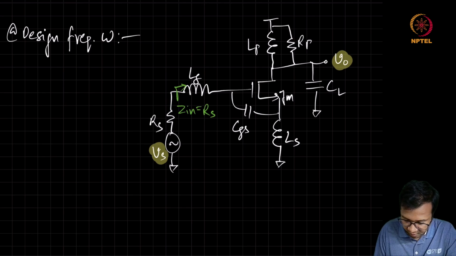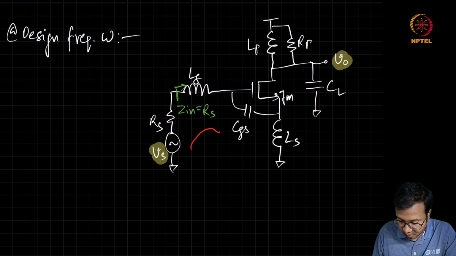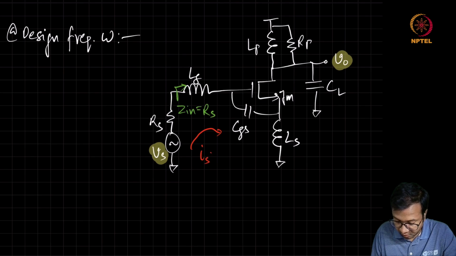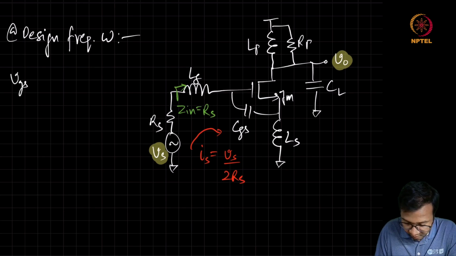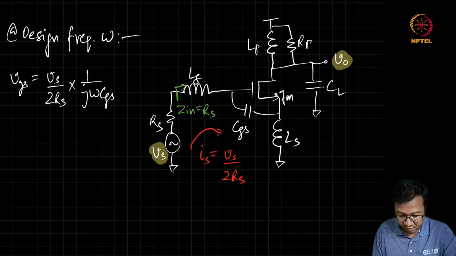This is for matching. So it means the current flowing in this loop, IS, is going to be equal to Vs by 2 Rs. Now it makes it very easy to find the voltage across CGS. So the voltage across CGS, VGS, is going to be Vs by 2 Rs into 1 by j omega CGS.